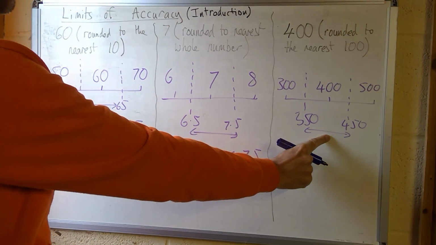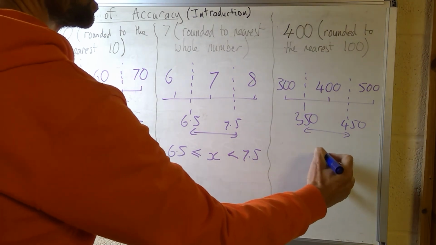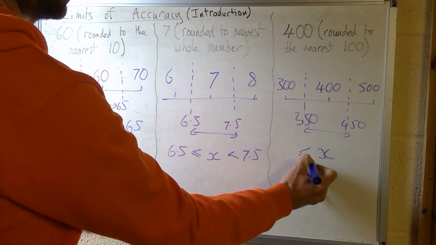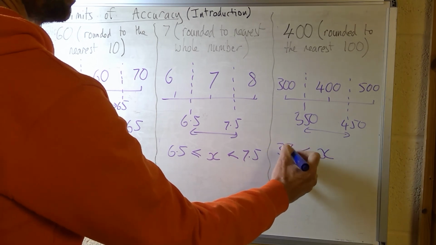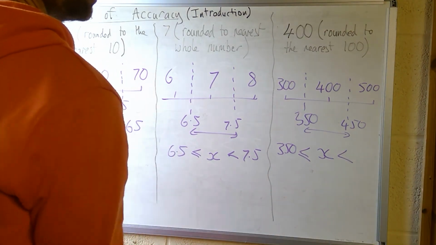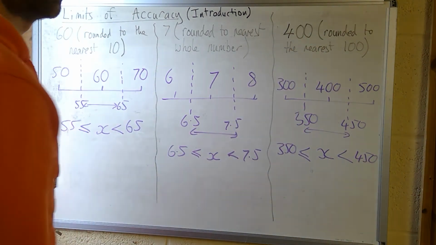So my number must be lying in this range here. So if I use the inequality notation again, x must be greater than or equal to 350. Remember, this is the number that's been rounded, but it must be less than 450 in order to round to 400.